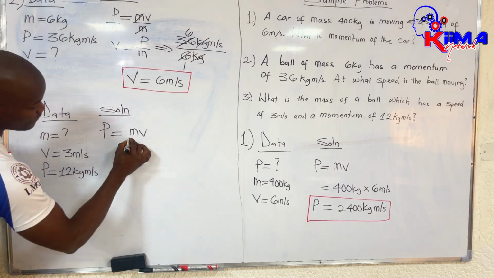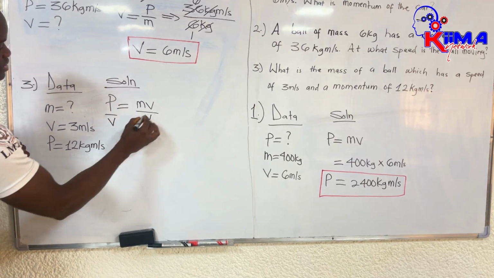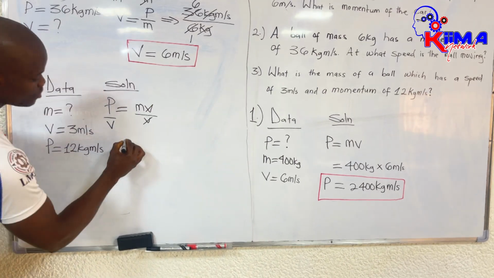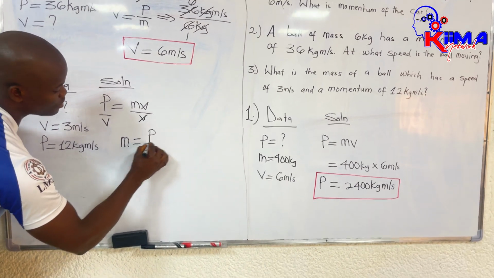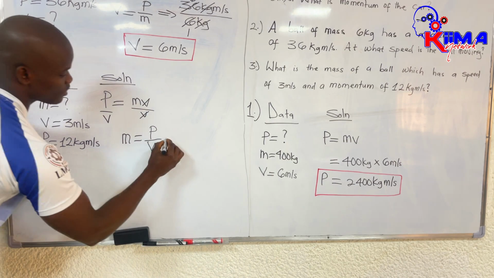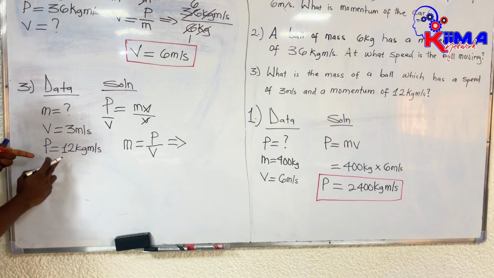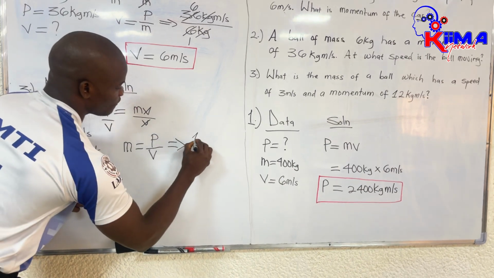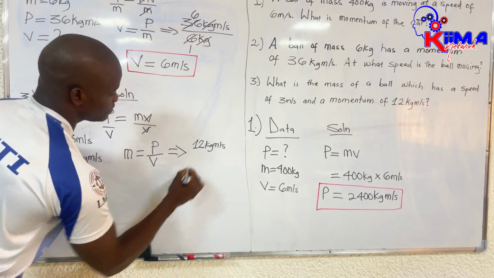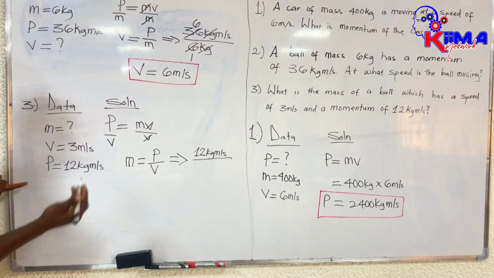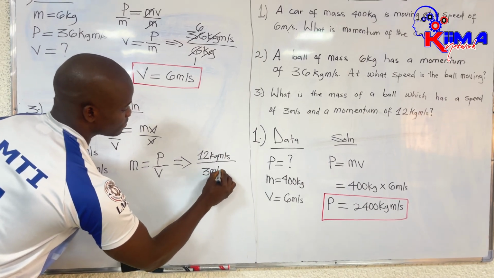From our formula, momentum equals mass times velocity. Now, we want to find the mass, so we divide this side by the velocity, we divide this side by the velocity, and V cancels V. So we will have the mass equals the momentum divided by the velocity, which equals 12 kg meter per second divided by the velocity, 3 meters per second.